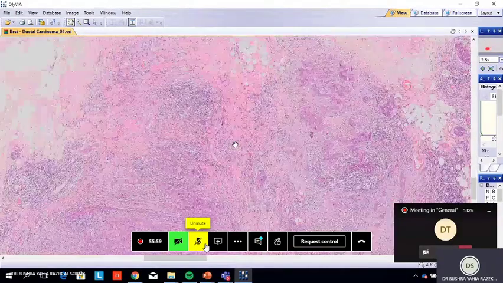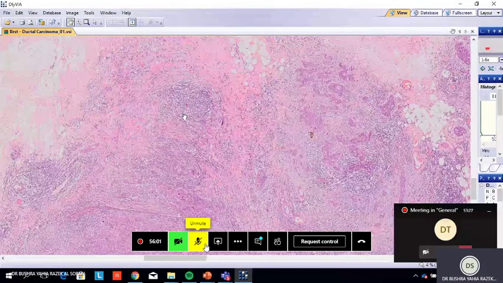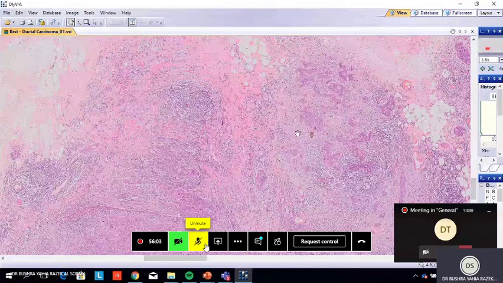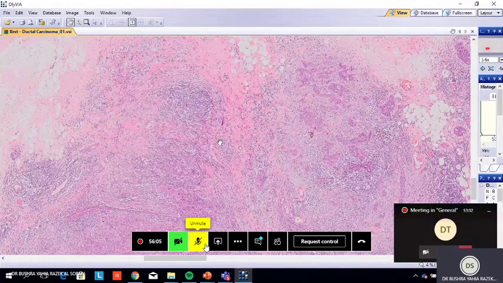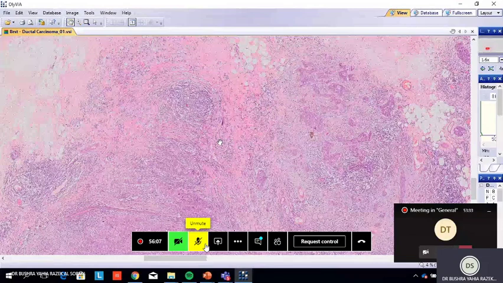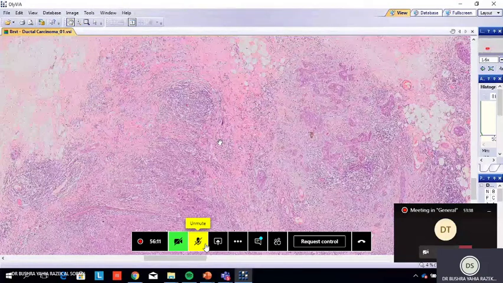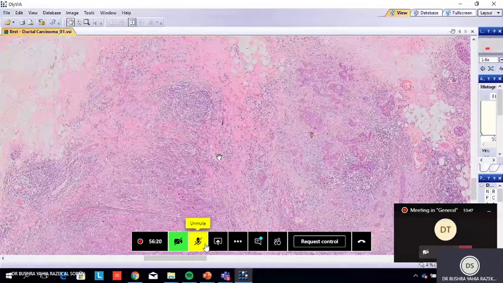Receptor. Okay, no problem. If this tumor, for example, still expresses estrogen and progesterone receptors, the prognosis is good, because the patient can be treated with tamoxifen. Tamoxifen is a hormonal therapy.